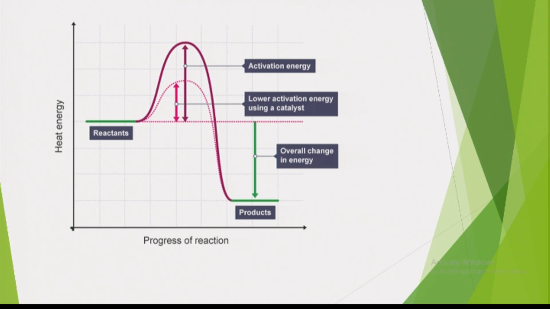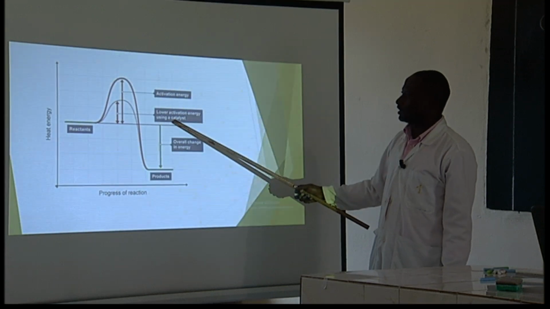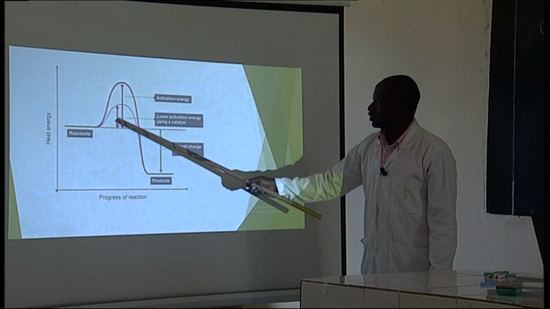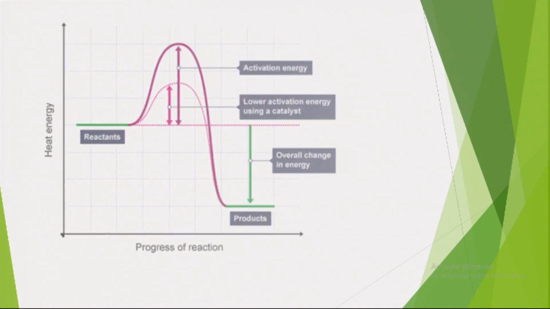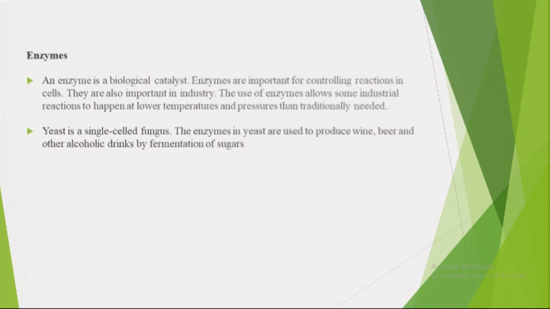So if that hill is lowered, that is the amount of energy, it means it will turn into the products with ease. And that makes sense: lower activation energy using a catalyst. So this is an alternative route where the catalyst has been used.